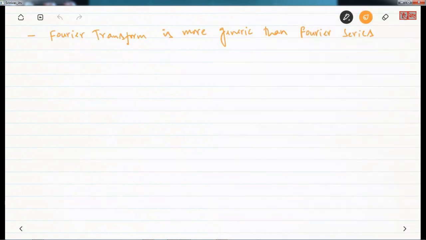So Fourier transform of sigma over k ak e power j k omega naught t is equal to sigma over k 2 pi ak delta of omega minus k omega naught.